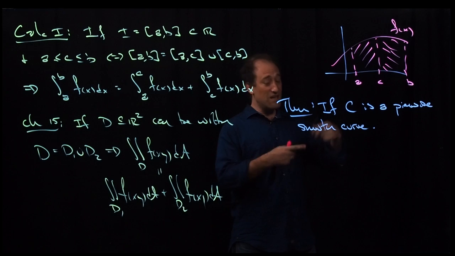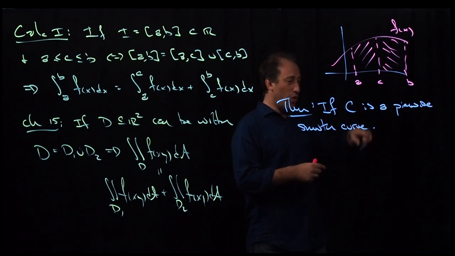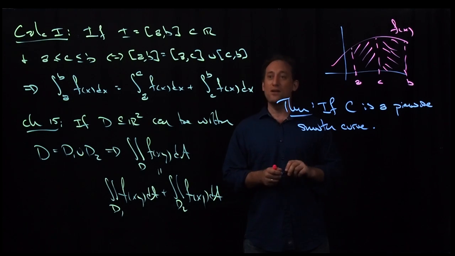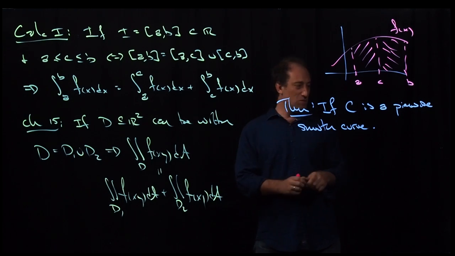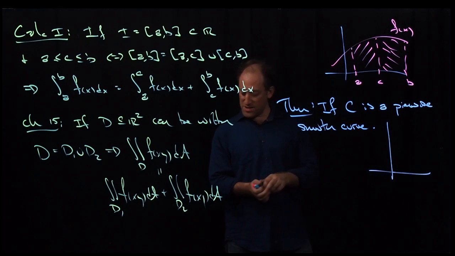Smooth means it's differentiable, or if you like, it really means that it just doesn't have any corners, but only by pieces. So, for example, a piecewise smooth curve can look like this.